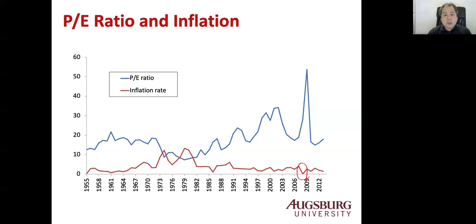If the PE ratio is quite high, it means the price may be too high relative to the earnings. In a deflationary economy, earnings decline, so the PE ratio automatically increases. So that shows the relation between inflation and the PE ratio, and it's inversely related.